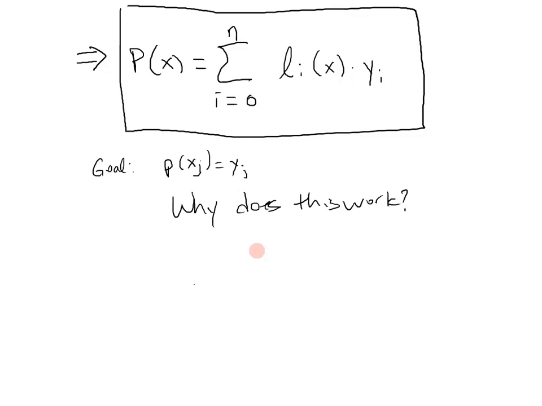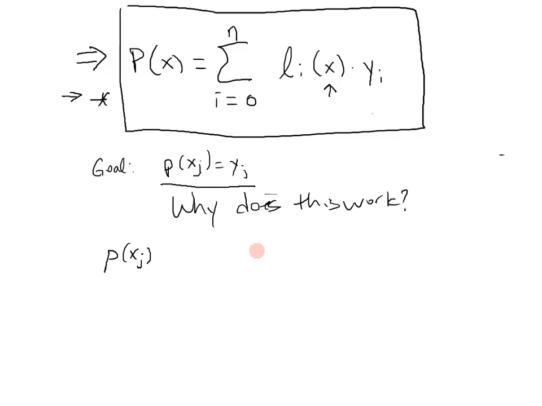I'm sorry you can't see the cursor whenever I'm waving it around, so I have to underline whenever I'm talking. But what does p of x_j look like according to this definition up here? If I plug in x_j, that means I'm going to stick it in right here.